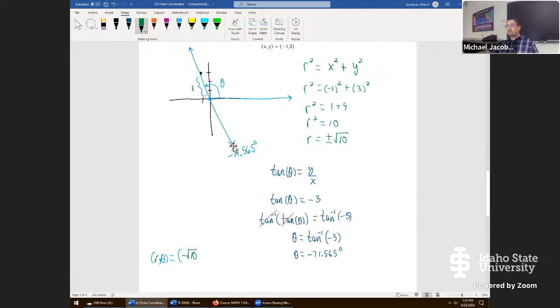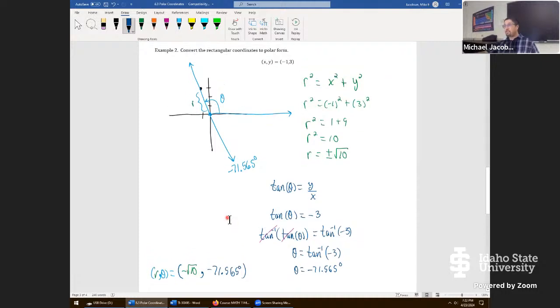That means on this branch, we're going the other direction, landing here. And then for the angle, negative 71.565 degrees is in fact the correct angle. I should say right angle. That sounds like 90 degrees. That's the correct angle. So that's a tricky problem, but any questions, folks, on the solution here?